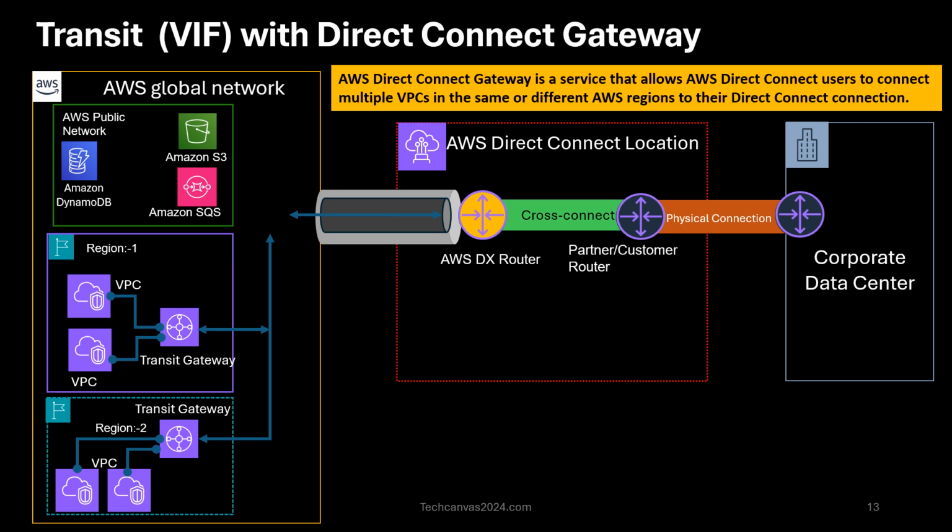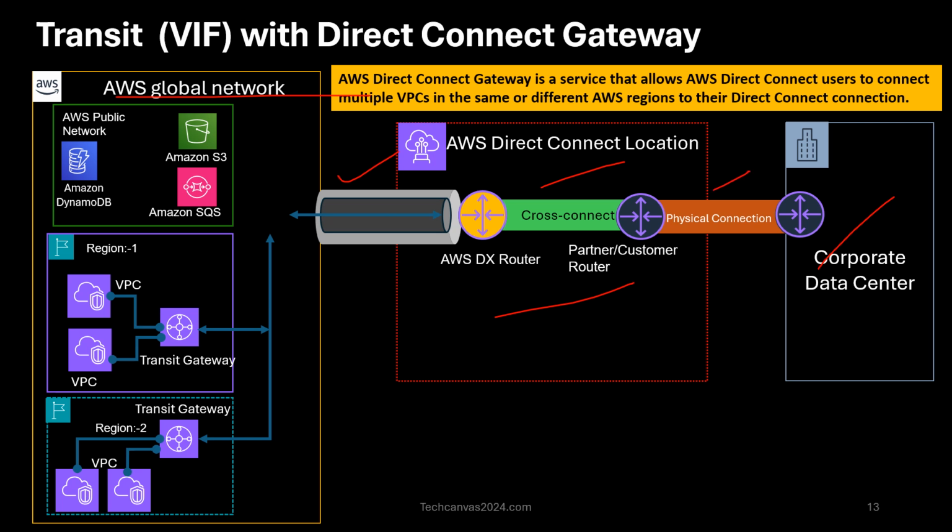You have your corporate data centers, and basically this is the connectivity in your corporate data center. You have the AWS Direct Connect location, then you have the AWS Direct Connect network. So in this diagram, how are they connecting? This time we have a backbone connection, the cross connection, and the last mile connection.